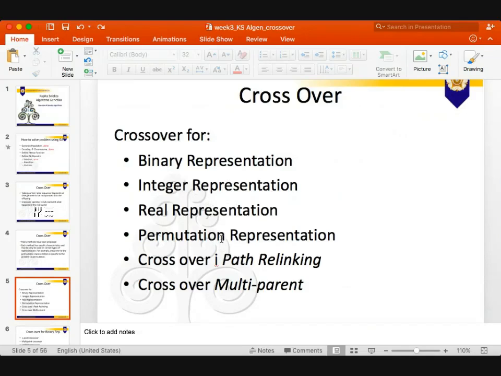And for crossover like e-path relinking and multi-parent, the representation method is not considered. It is just about how many parents are involved in the process.